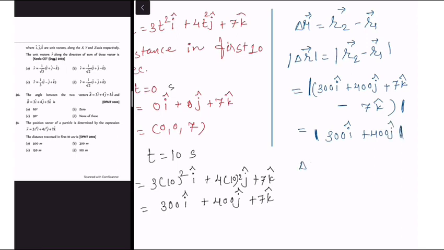So delta R mode can be written as small r, do you understand?